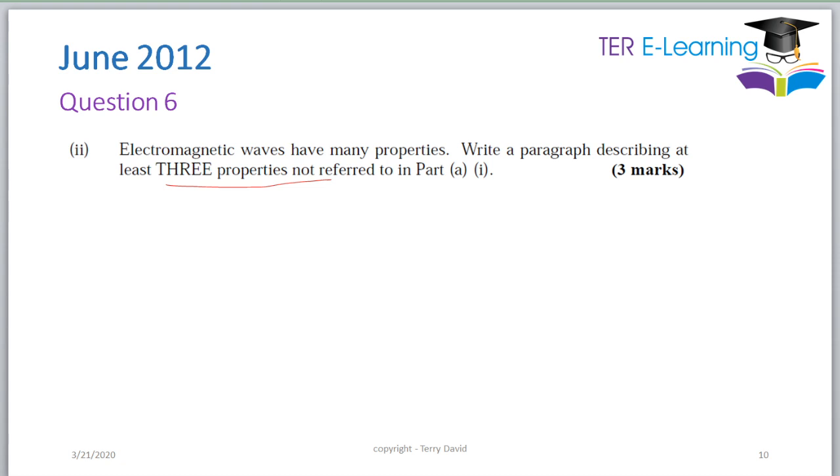That is true. Let me just double check something with this, make sure I'm giving you the correct people's names, right? But continue giving me properties of EM waves.